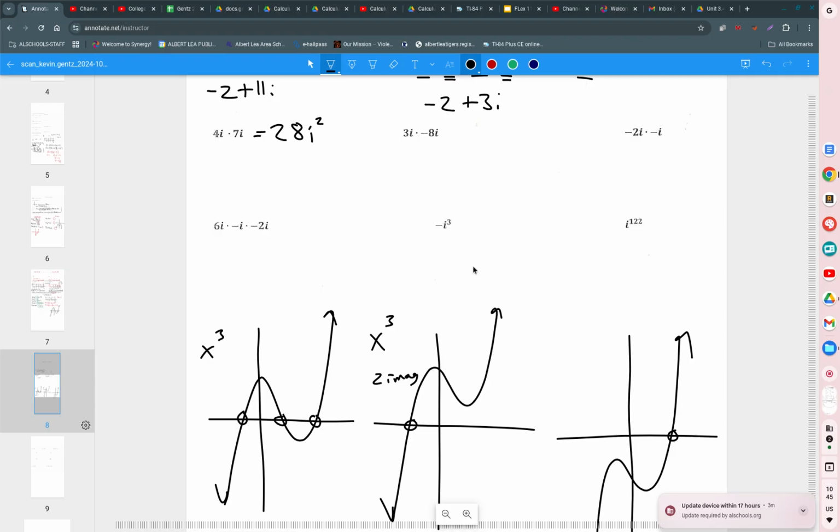And what is i squared? Negative 1. So 28 times negative 1 will be negative 28. Try the next 4 problems on your own. The next 4.